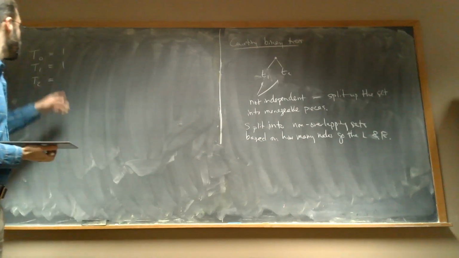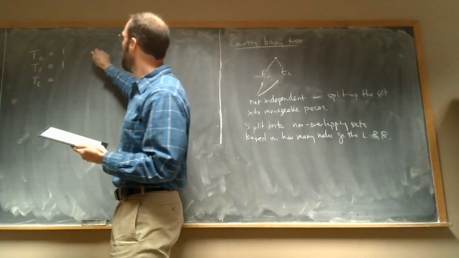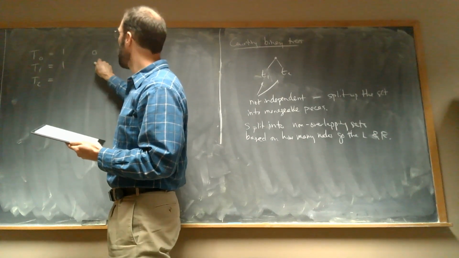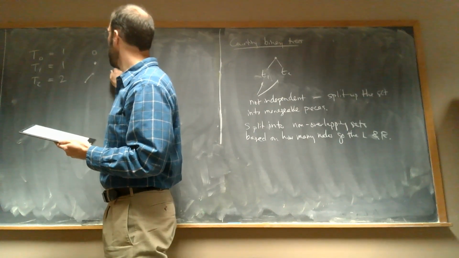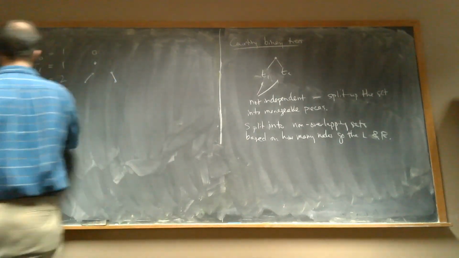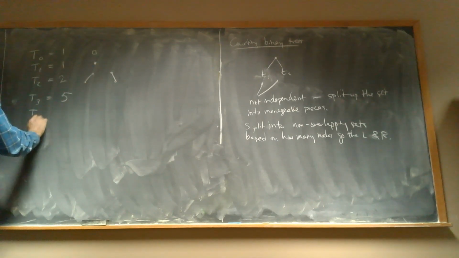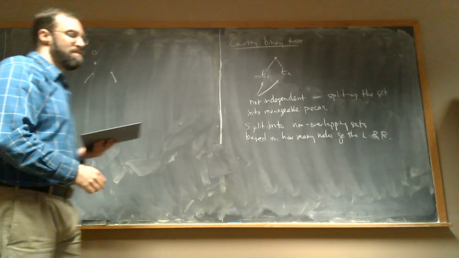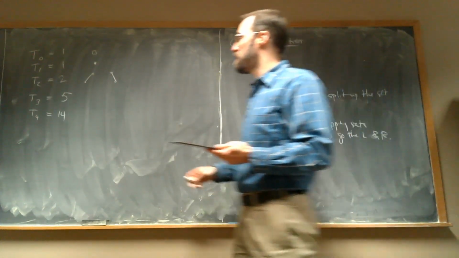So there's 1 tree with 0 branches, which is just this one. There's 1 tree with a single branch, which is this one. There's 2 with 2 branches, which are these 2, and then we had figured out T3 is 5. And I think in a video I made, I showed that T4 was 14, so what about T5?